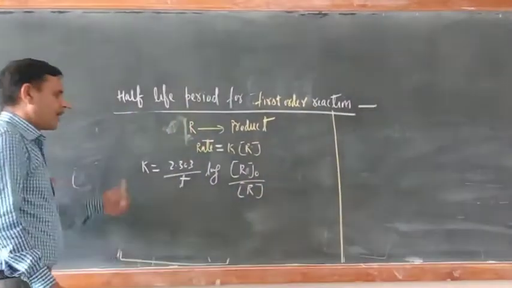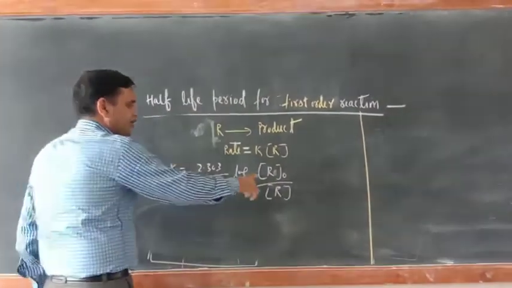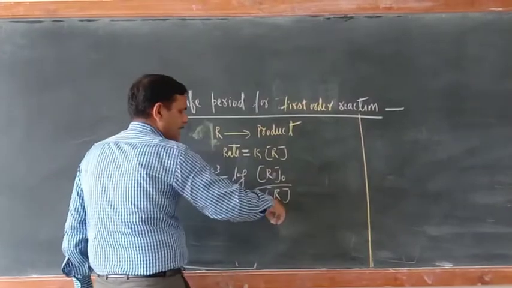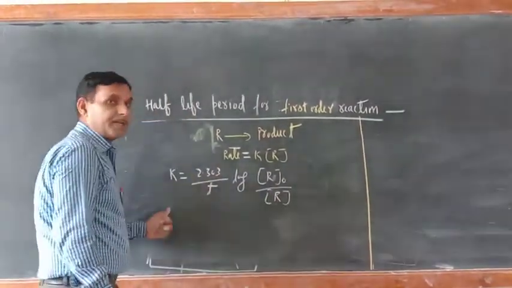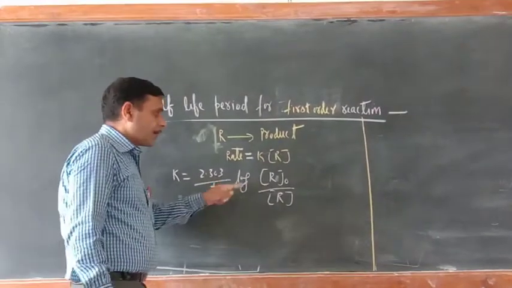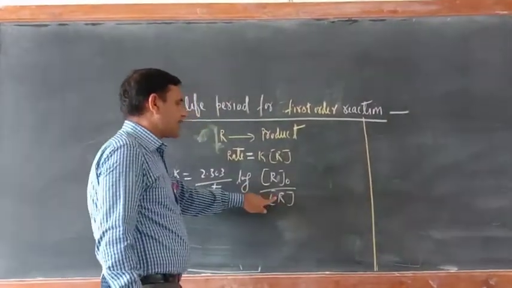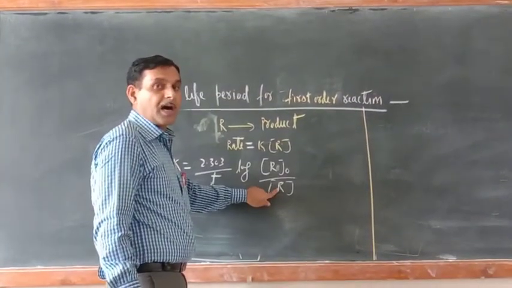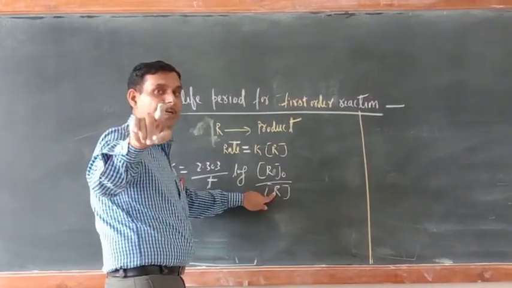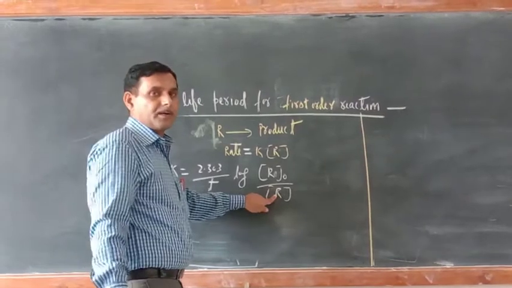Now try to understand here. r0 is the initial concentration, and this r is the concentration at time t. So in half-life period, in place of r, what you will write? r0 by 2, because r is the concentration at time t, and t is the half-life period.